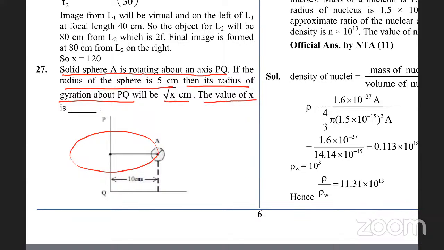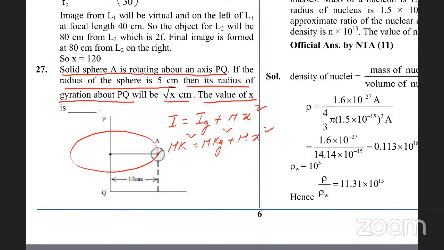So generally, I is equal to Ig plus mx square, parallel axis theorem. So I is mk square, mkg square plus mx square.